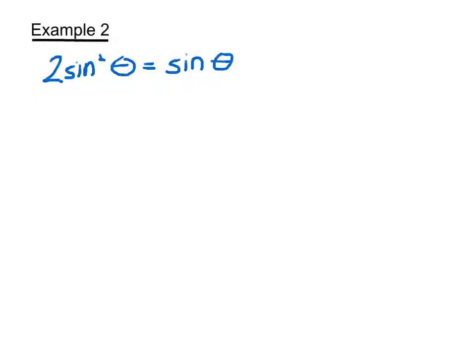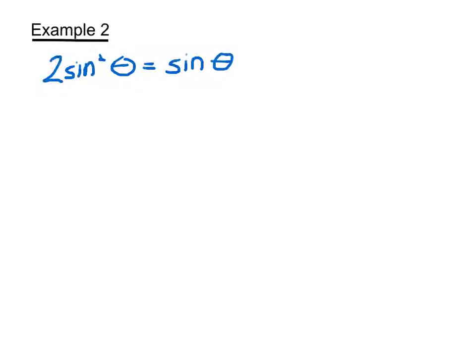Now let's take a look at a slightly more complicated example that involves a little bit of factoring first. So this is a trig equation, but it's obviously a little bit more complicated. So sometimes I'm going to need to factor first and then solve for theta using the methods that I just showed you.